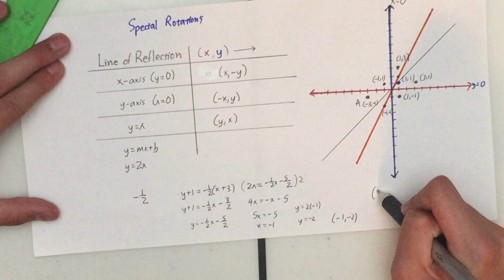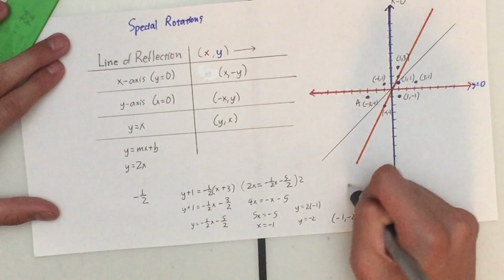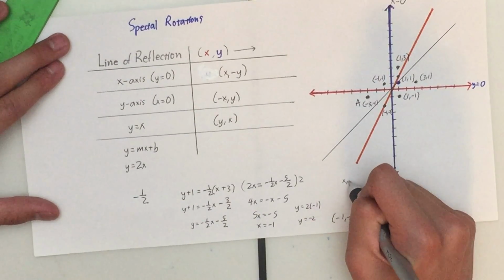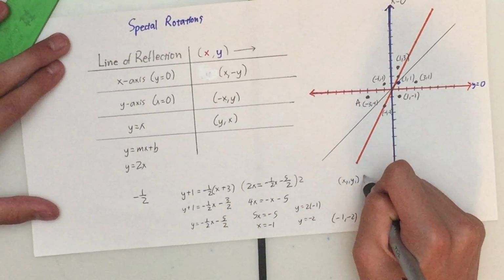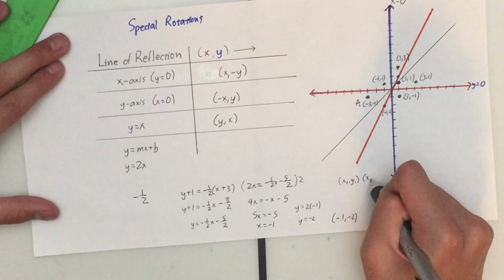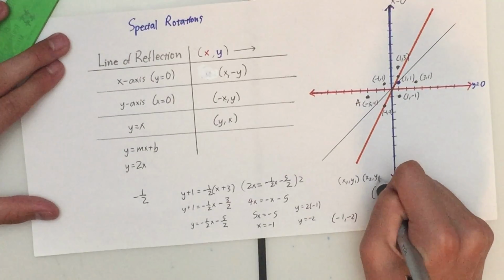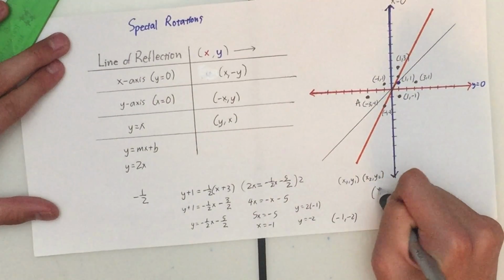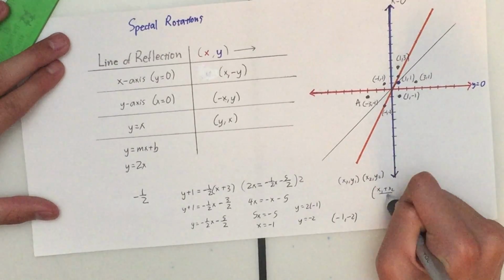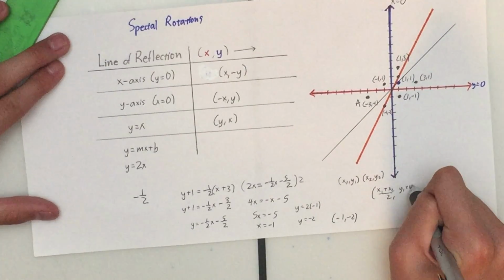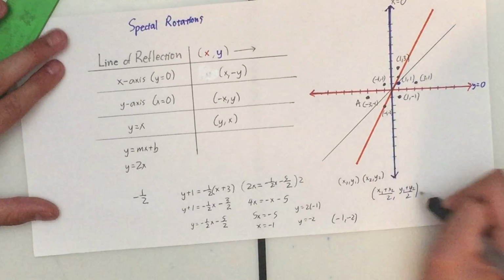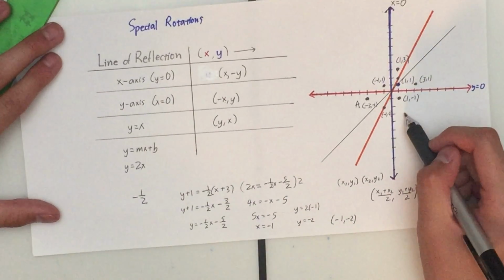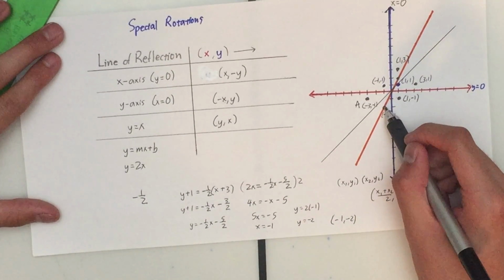To find the midpoint of two points, (x1, y1) and (x2, y2), you would just add up the x-coordinates and divide by 2, and add up the y-coordinates and divide by 2. We're going to use that in order to find the other point, since this is our midpoint right here.